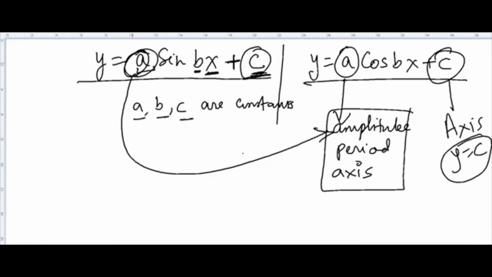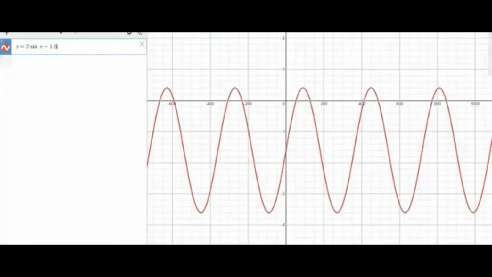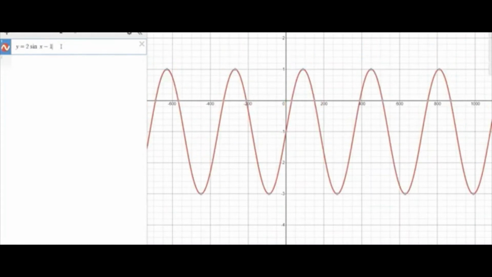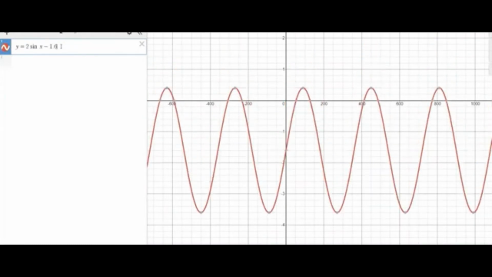Now let's see period. How is period related to B? Because B is the only one unknown here, right? Let's go back to the graph. Now I will remove this minus 1.6. Did you see that amplitude still remained 2?